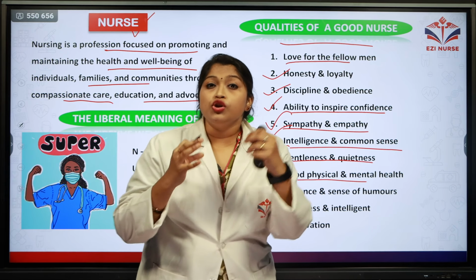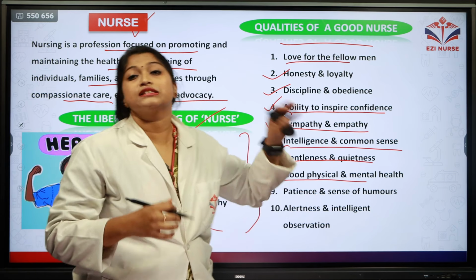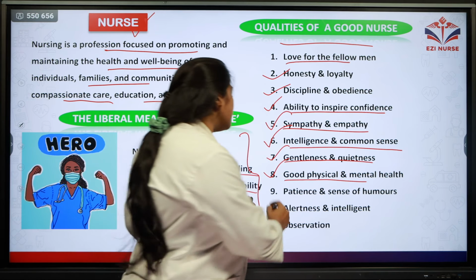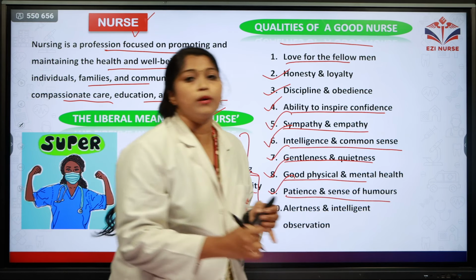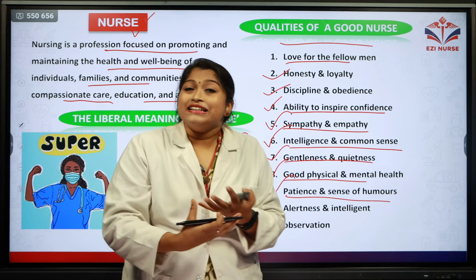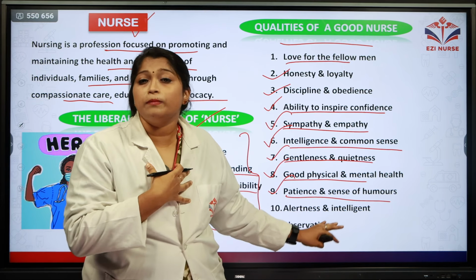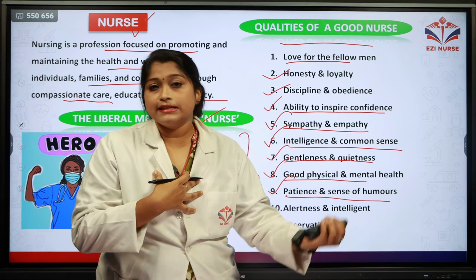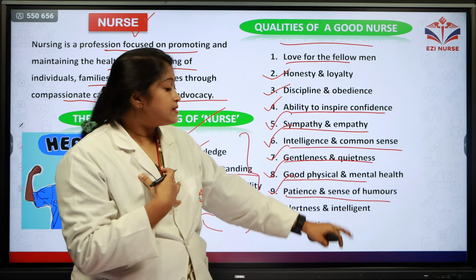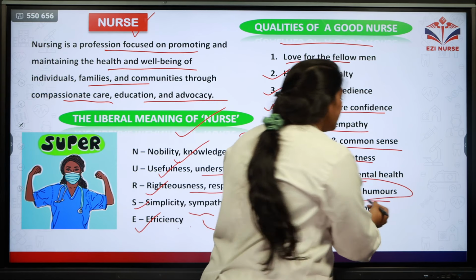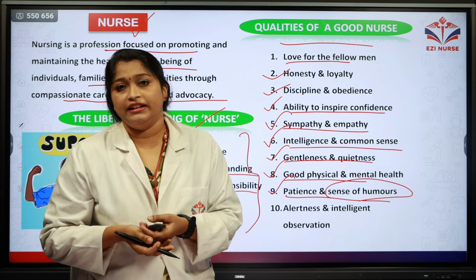So make sure your physical and mental health is good. And the next quality is patience and sense of humor. You should be patient enough to listen to the patient and their family members and use your sense of humor in understanding their difficulties.